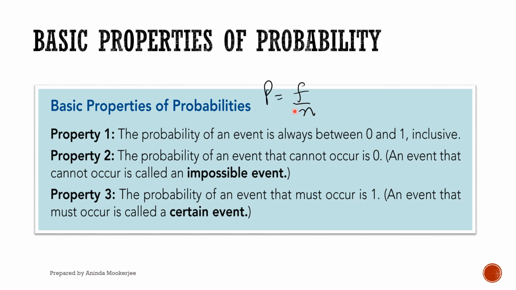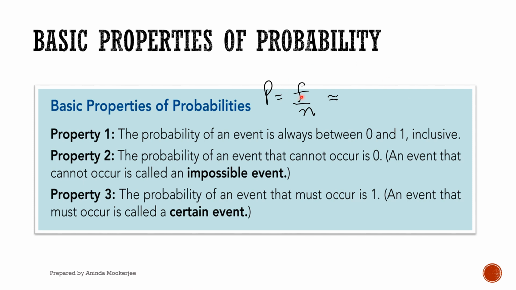That's the equation to calculate probability, but you have to change your fraction to a decimal value, and when you do that, you have to make sure that you are not less than 0. You don't get a negative value, or a value greater than 1. If you do, then there must have been a mistake somewhere.